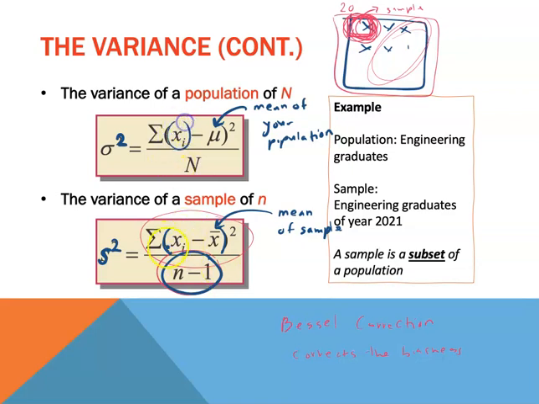So this is your data and this is your data. This is the sum and this is the sum. Actually, everything else is the same except this symbol over here and the Bessel correction. So please take note of that. So that is the difference between the two equations.